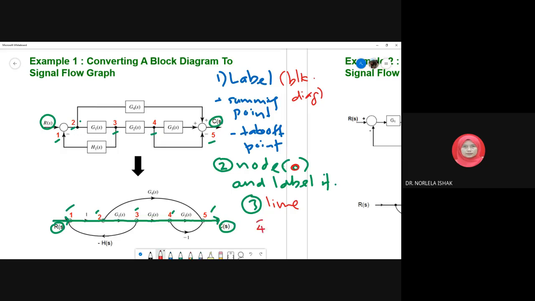Okay, and then number 4. Number 4 nak buat apa? Number 4, kita start draw the line. Okay, just now.